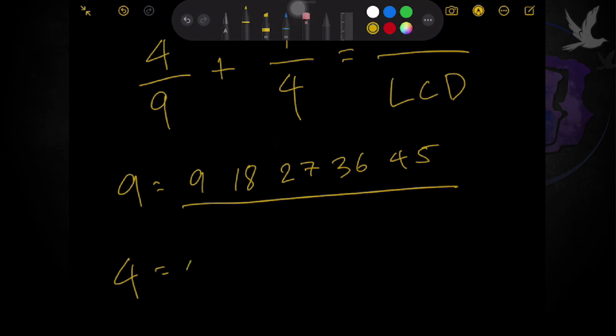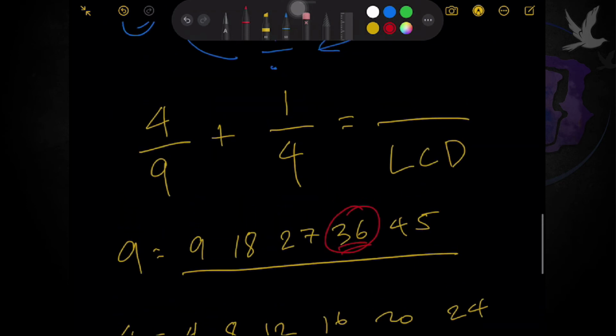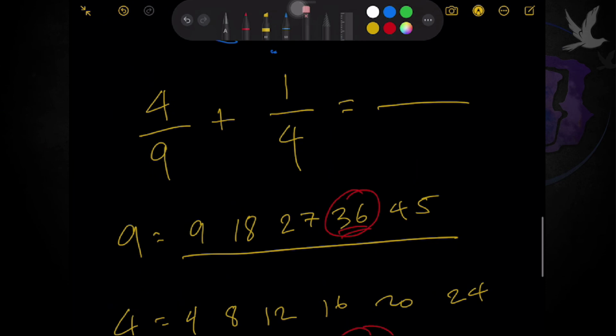So 4, 8, 12, 16, 20, 24, 28, 32, and 36. And if you notice, meron tayong 36 dito. So, yan ang first pair natin. So, 36. We can now say that the LCD of 9 and 4 is 36.